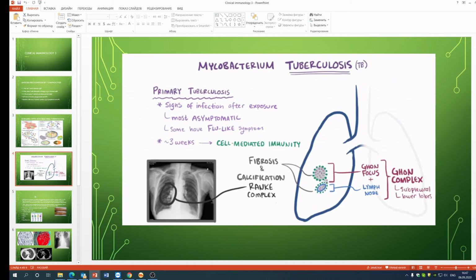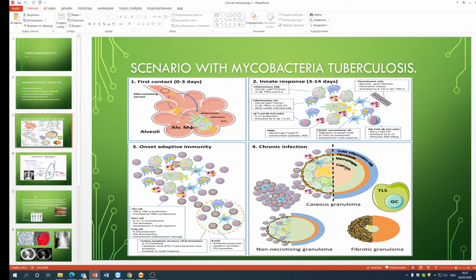This activated macrophage releases lymphokines in large numbers. In the central area, surrounded by lymphocytes, there are mycobacteria, and over time this forms central necrosis.